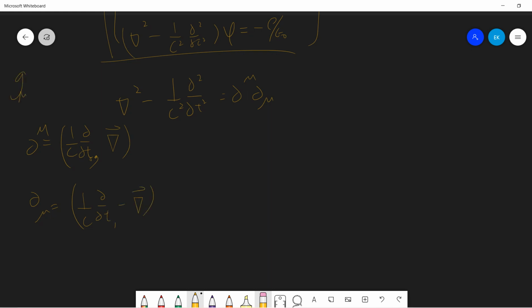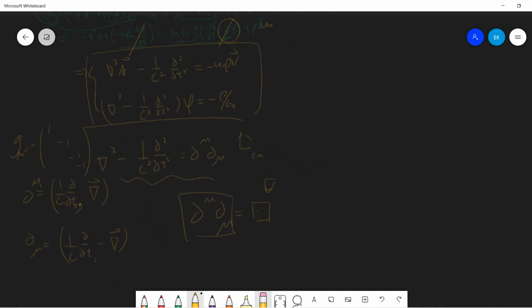And now we use the matrix as most minus term. Okay. So this is partial mu equals to something, right? So this is the covariant form, because this is called the d'Alembertian, right? The d'Alembertian is invariant under Lorentz transformation. Okay, so that means the wave equation in a covariant form.